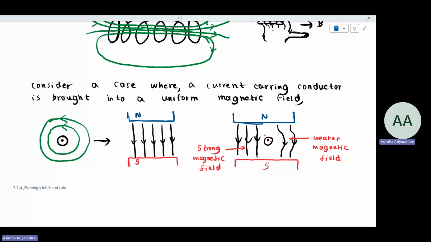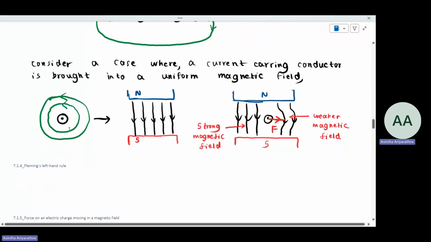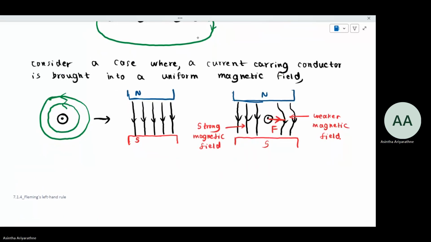If the magnetic field is stronger on the left than on the right side, there would be a force acting from the stronger side towards the weaker side. So this conductor would be forced towards the right. So this is how the conductor would be shifted to the right.